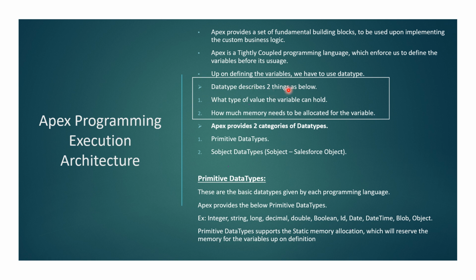Data type describes two things. First, what type of value the variable can hold. If we define a data type like a string for customer name, it means string is text or some kind of text area, so the variable can hold only text or text area kind of information.